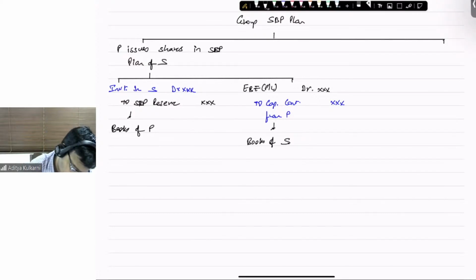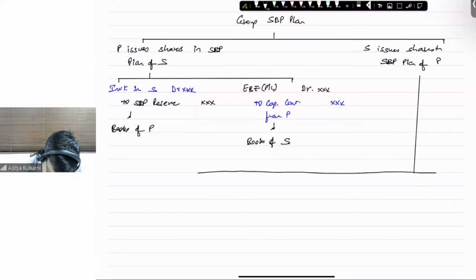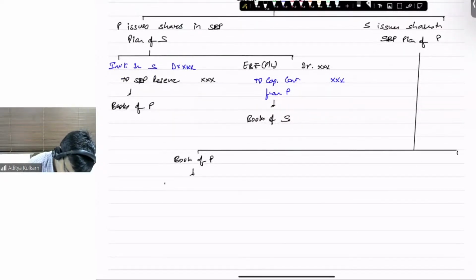All right. Another case, S issues shares in SBP plan of P. Books of P, EBE debit.